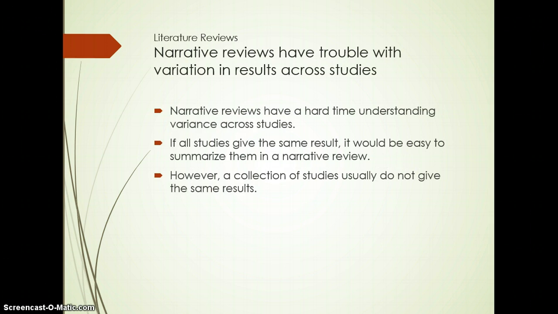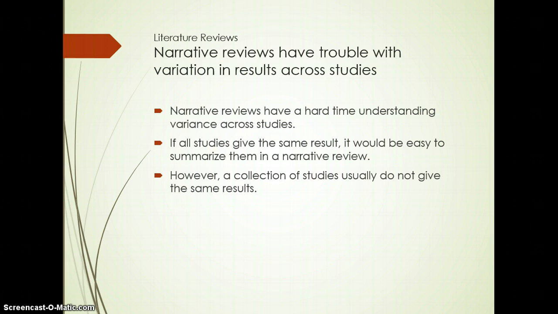Another problem with narrative reviews is that they oftentimes struggle addressing why there's variance across studies. Oftentimes if you look in a meta-analysis today at a table that summarizes all the correlations analyzed in the data set, you might see a lot of fluctuation in those correlations.